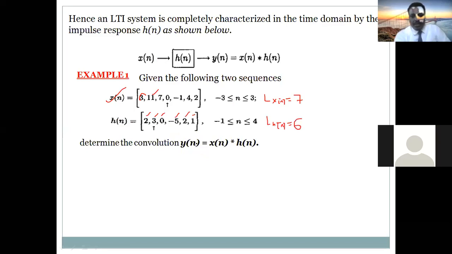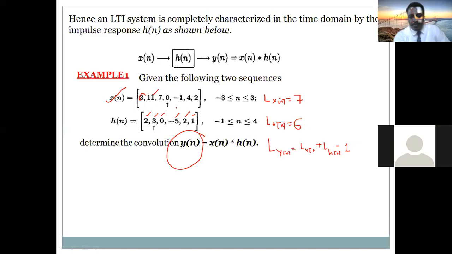So what will be the length of the output? Always length of y output is equal to length of input x of n plus length of h impulse response minus 1. This is a formula always.